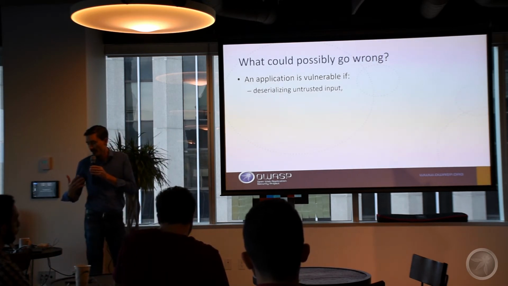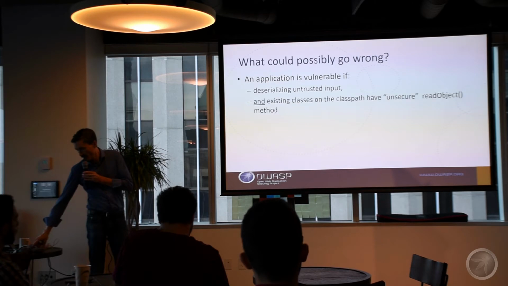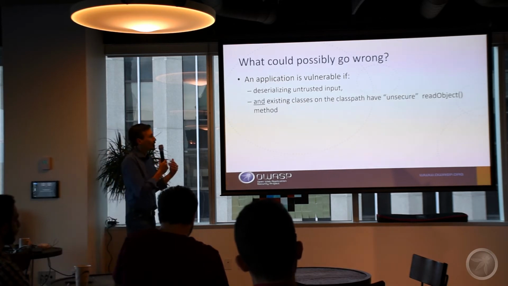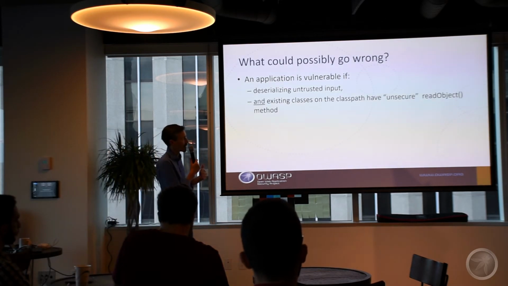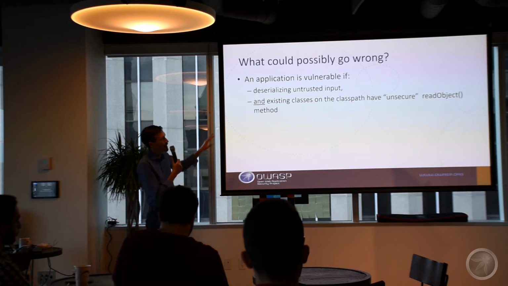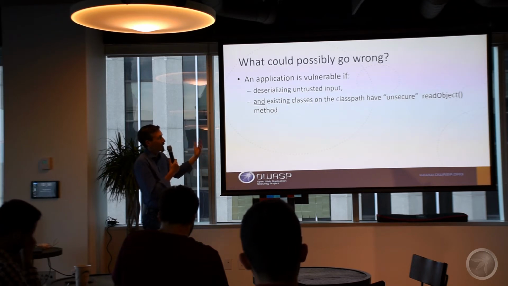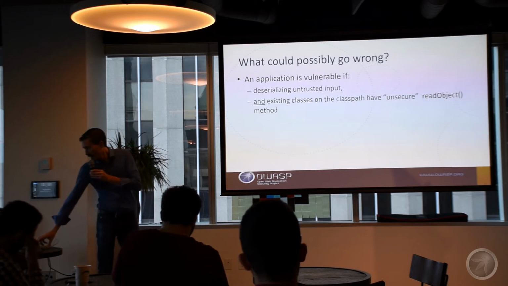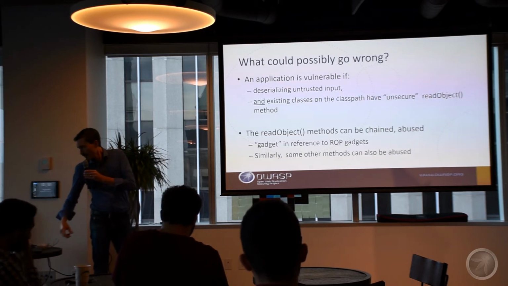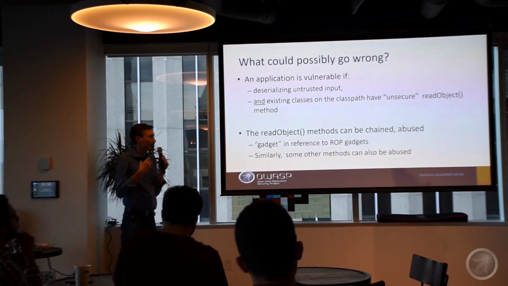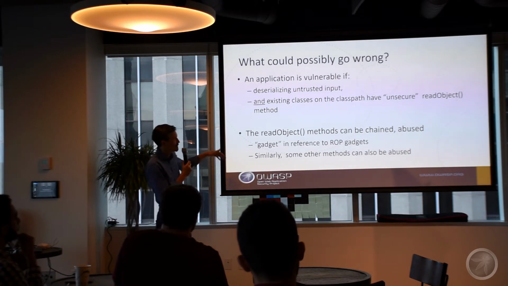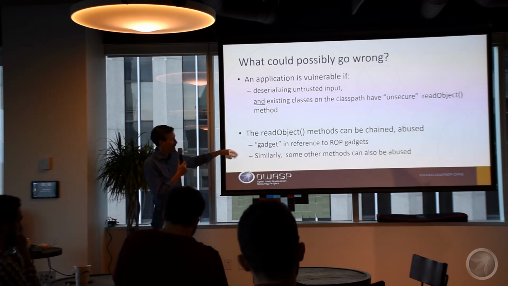It can be automated to detect that you have that going on. But that's not enough. You also need some special classes on the classpath on the server, right? That have something insecure inside the readObject method that is automatically called that you might be able to abuse, right? So we can chain them, we can do whatever. We call them gadgets, in reference to Rocket Gadget.